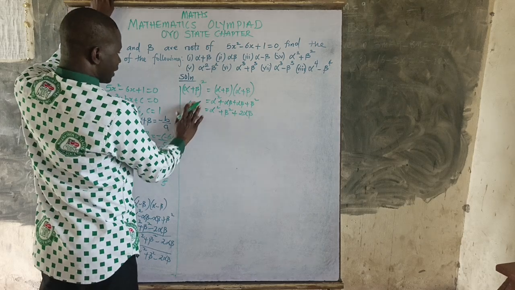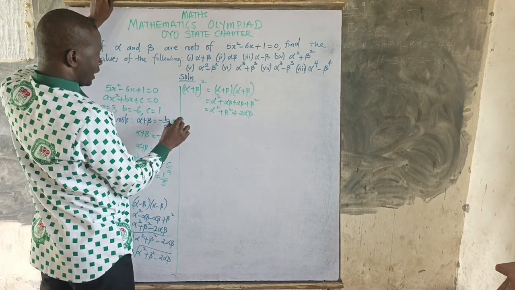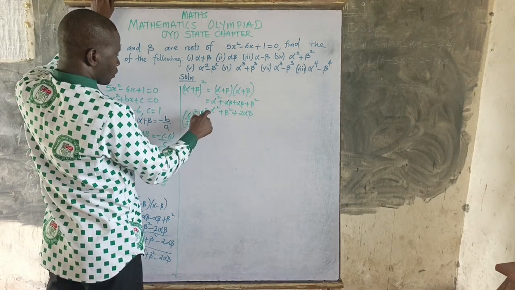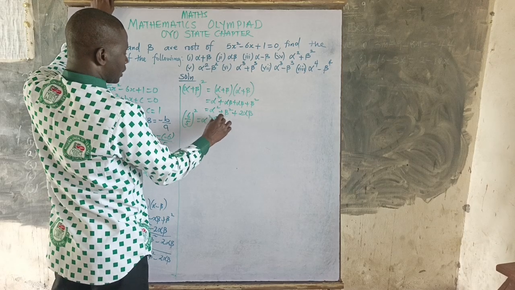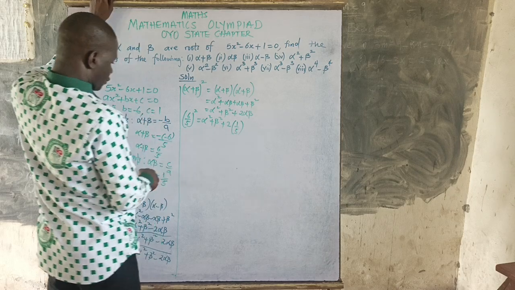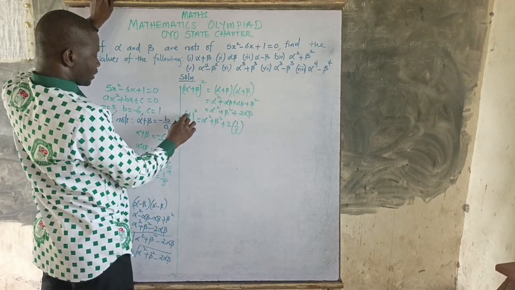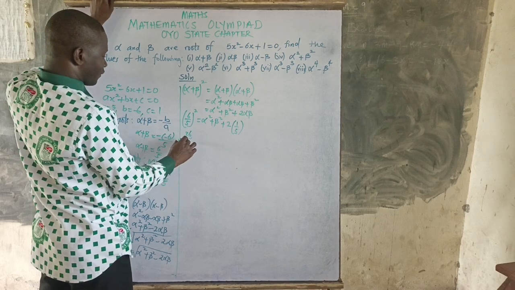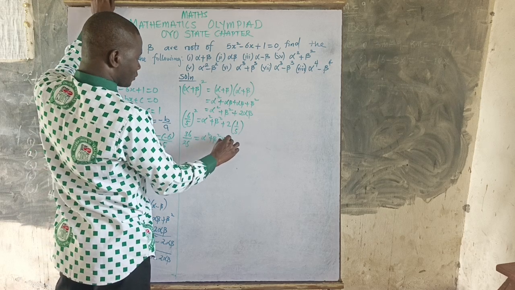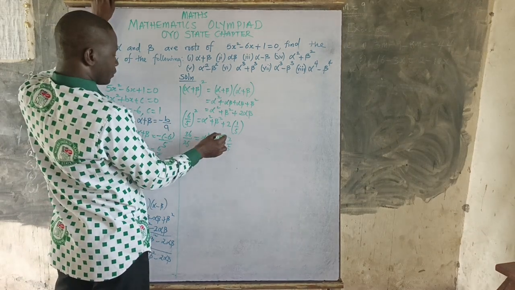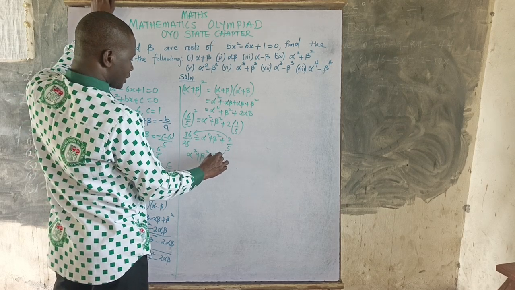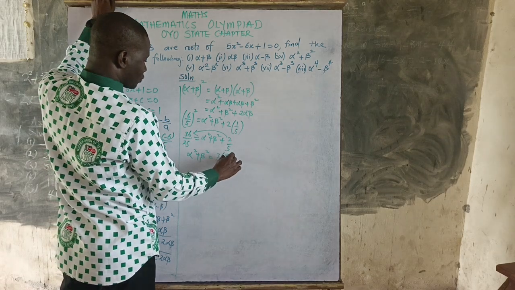So alpha plus beta, raised to power 2, equals alpha squared plus beta squared plus 2 alpha beta, and the product of the roots is 1/5. When you evaluate this, 6 by 6 is 36, 5 by 5 is 25, equals alpha squared plus beta squared plus 2 by 1 which is 2, divided by 5. Collecting like terms, we bring this to this side. So alpha squared plus beta squared equals 36/25 minus 2/5.